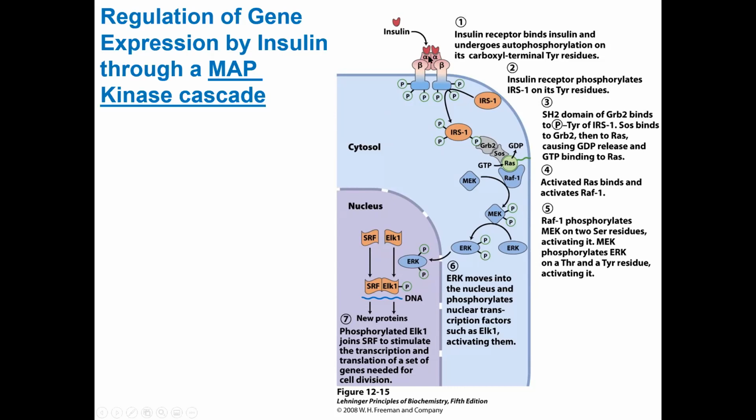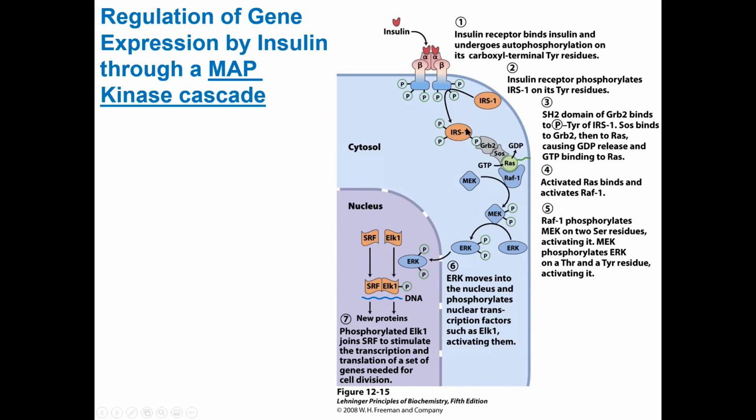Again, the same thing, the insulin receptor will bind insulin, right? And then on the cytoplasmic side, the receptor will go through autophosphorylation on 3 tyrosine residues. That's what is shown here. And then insulin receptor substrate 1 will get phosphorylated on 3 tyrosine residues as well by the insulin receptor. So they are showing you IRS1 with 3 phosphate groups on it.